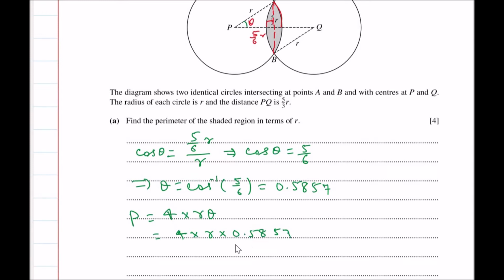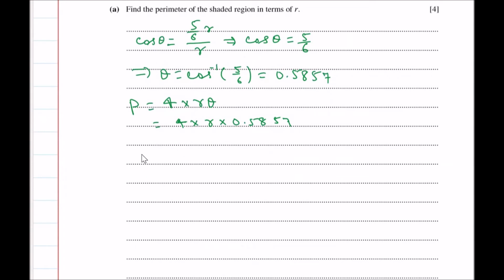So if you multiply this, we get P equal to 2.34 r in 3 s.f. This is your answer.